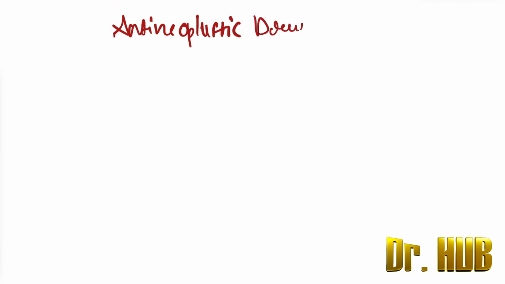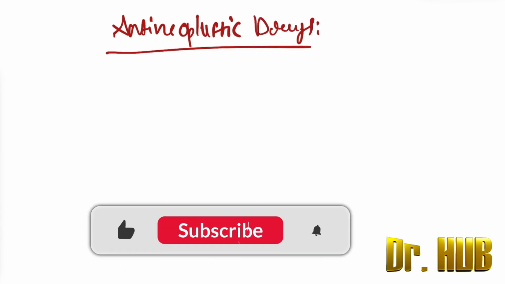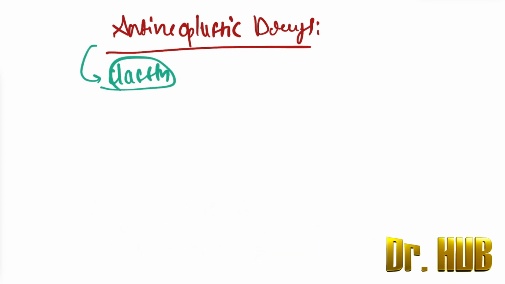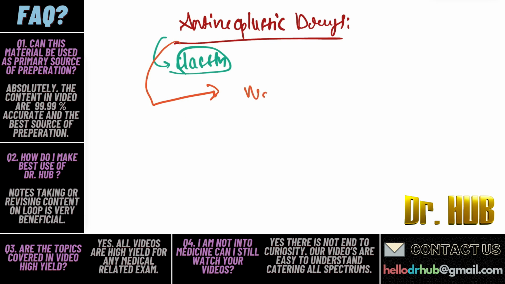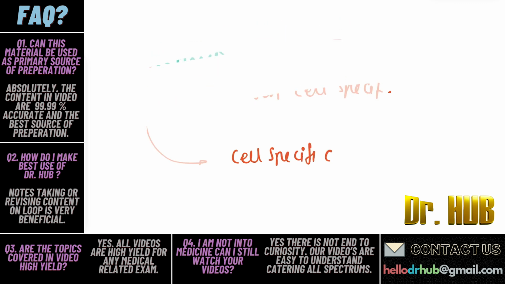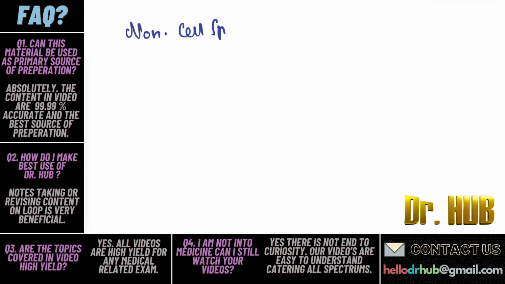So antineoplastic drugs, and in this we will be looking at the classification. Broadly, the antineoplastic drugs are divided into the non-cell specific and then the cell specific. Now let's see what is under the non-cell specific. It includes the alkylating agents.